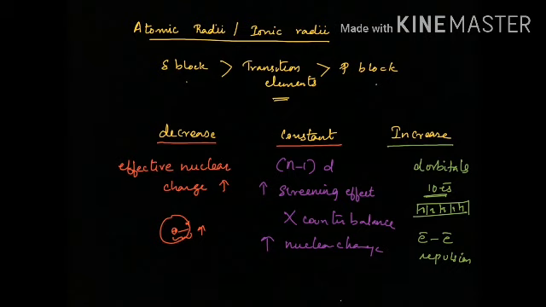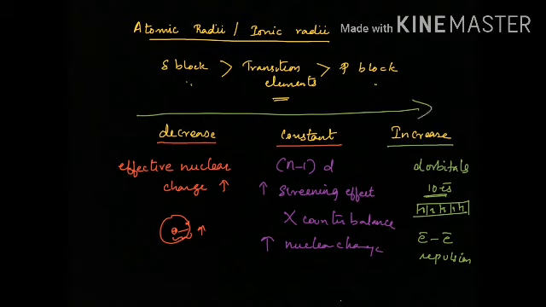When the electron-electron repulsions increase, they cause expansion of the electron cloud, resulting in an increase in atomic size. Okay, so this is about the atomic radii. The atomic radii of transition elements lie in between those of the s block and the p block. At first it decreases, and this is how the radii change as we go across a transition series.